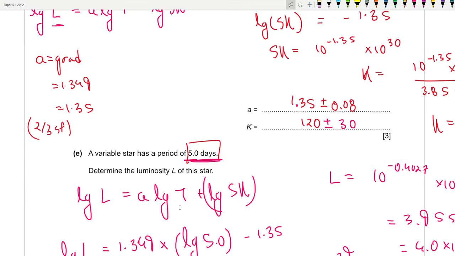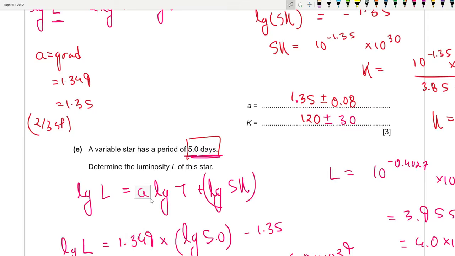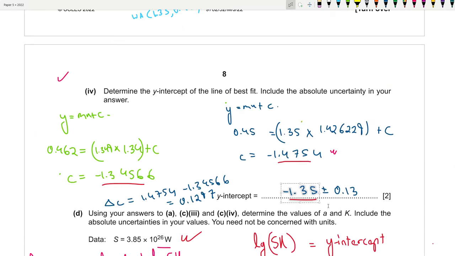So we know that log L is equal to A log T plus log Sk. So log L is equal to 1.349, that's the value of A, log T. So T is in 5 days, right? Remember, we just input the 5 in, no need to convert it to seconds, plus log Sk. So log Sk is your y-intercept, right? This value.